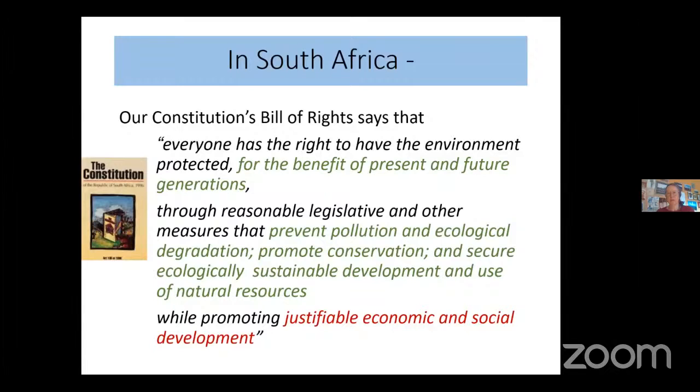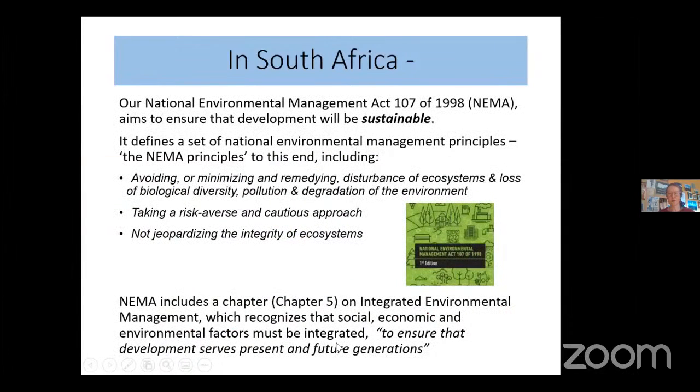So we really do have a mandate to make sure that our ecosystems persist in the long term with all their biodiversity. Then going one level down, we have our National Environmental Management Act of 1998, which again echoes this, ensuring that development will be sustainable.